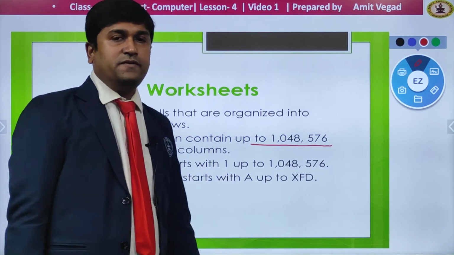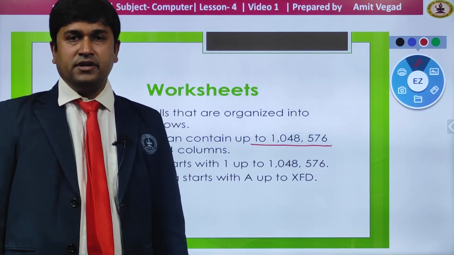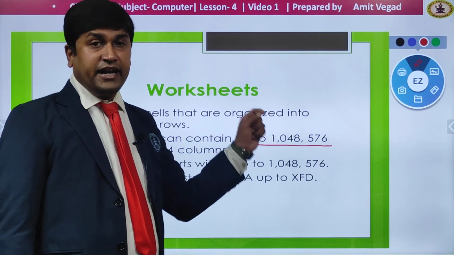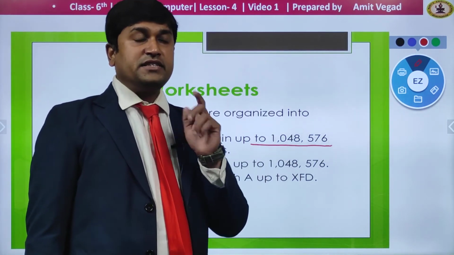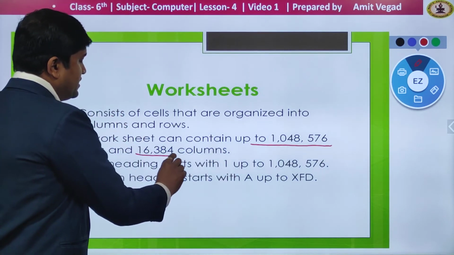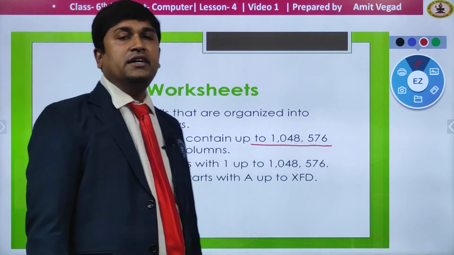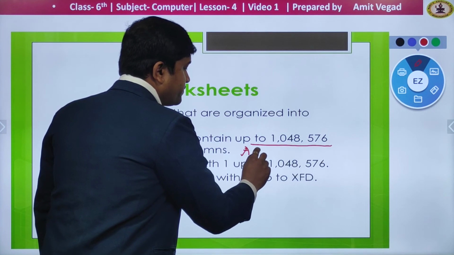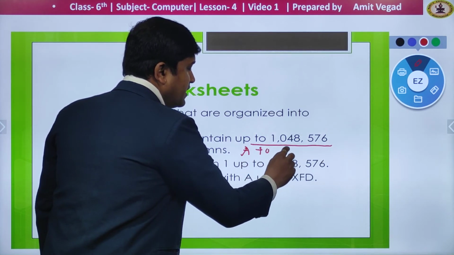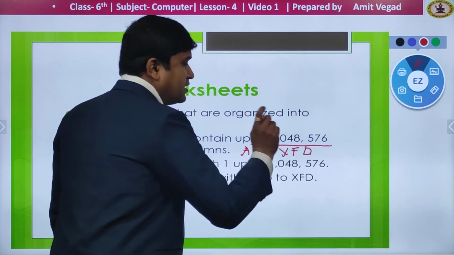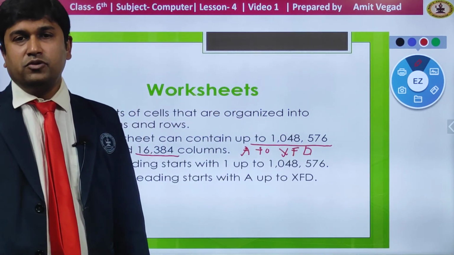Note it down for fill-in-the-blanks or MCQs. In one workbook, how many rows are there? 10,48,576. And how many columns are there? 16,384. That means total columns, the last is XFD. That is also to be noted down; it is given in your book.